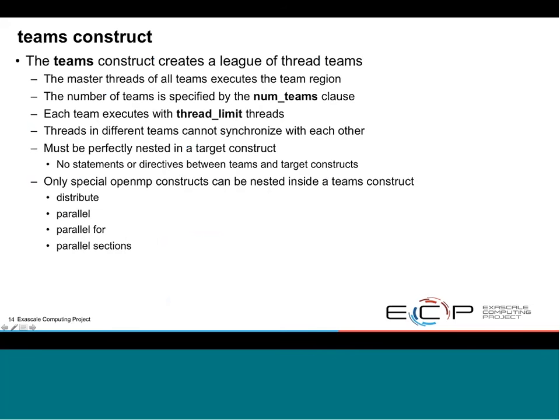Then if a team calls a parallel region or creates more threads, there is also a clause in OpenMP teams that can limit the maximum number of threads a team can spawn. This is just an upper limit that constrains how many threads we can create within a team.